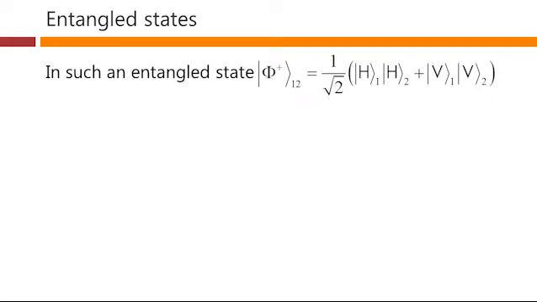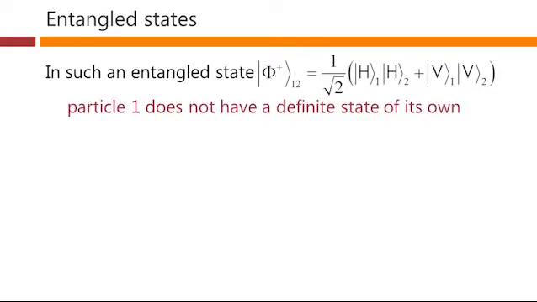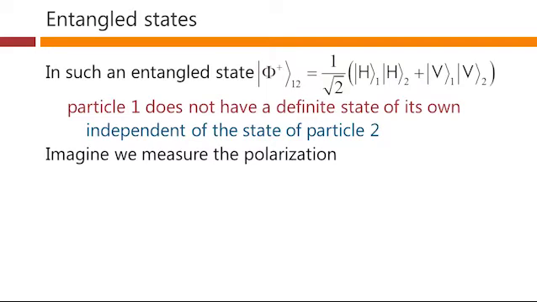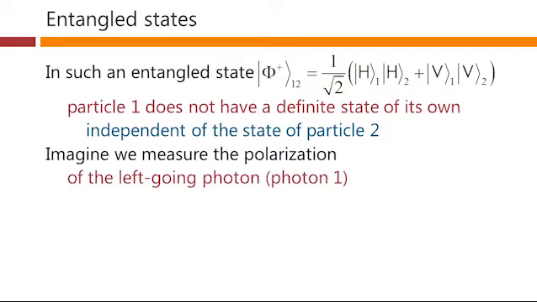In such an entangled state, particle 1 does not have a definite state of its own, independent of the state of particle 2. Imagine we measure the polarization of the left-going photon, photon 1, and find it's horizontal.